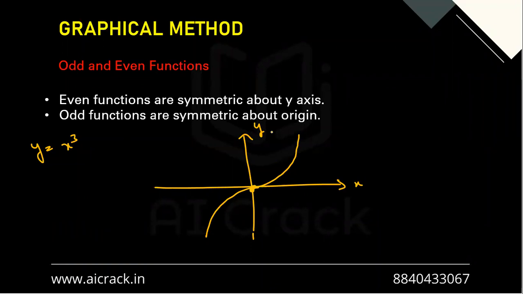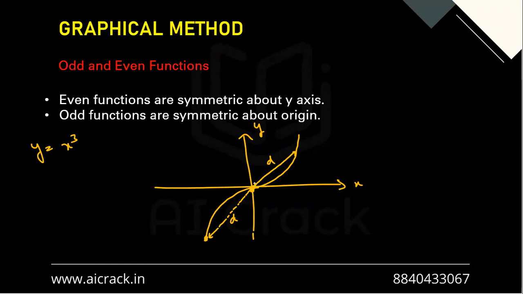Now symmetric about the origin means if I go in this direction and travel a distance d, and then I go exactly opposite and travel a distance d, then I'll find a point on this curve, and it will happen with every direction and every distance.